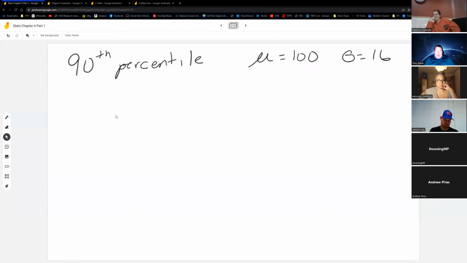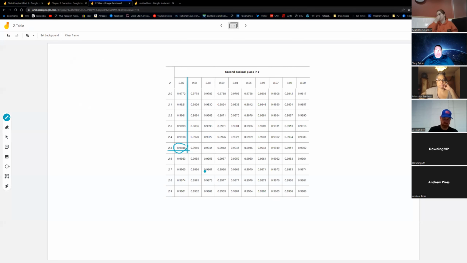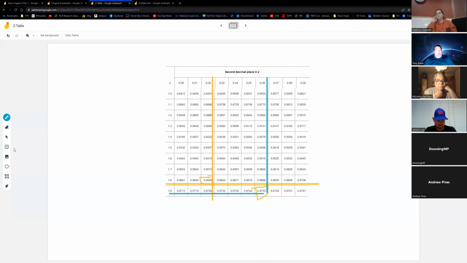So I have an area of 0.9000. I think they go to 4 decimal places on the area. So I'm going to my z table and I'm going to look for 0.9000.